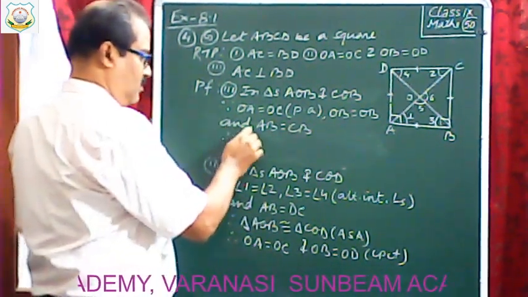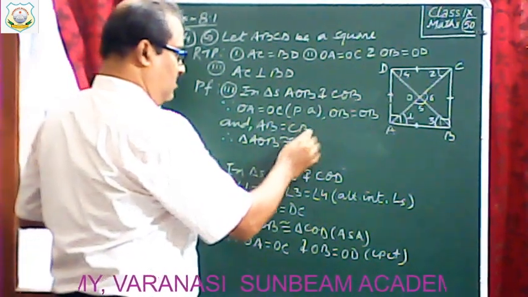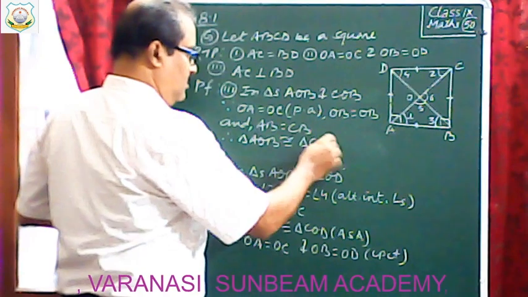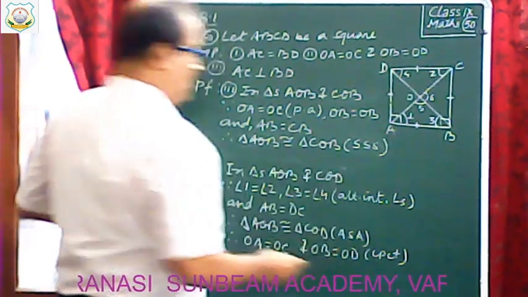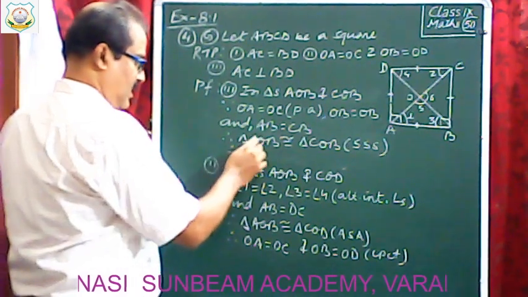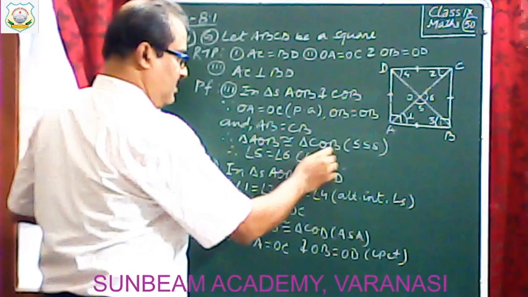So therefore triangle AOB congruent to triangle COB by SSS criteria. So therefore you can say that angle 5 equal to angle 6, CPCT.